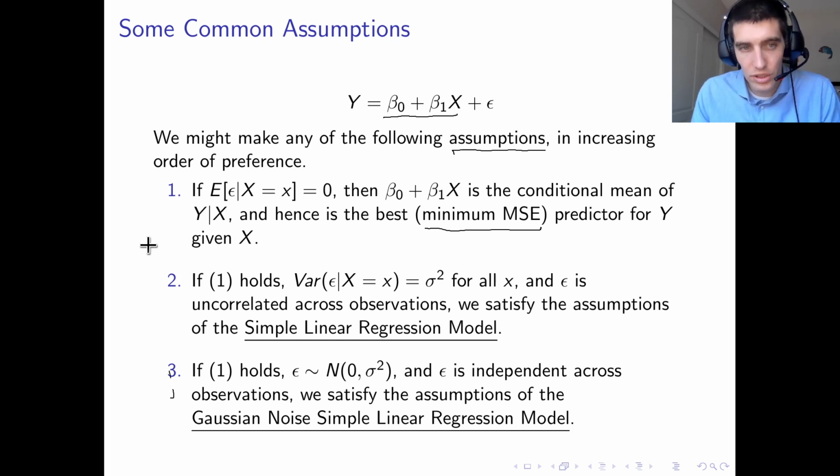The next assumption we will sometimes make is stronger than the first one. The second assumption is that the first assumption holds, so we have the conditional mean of epsilon given x is 0.